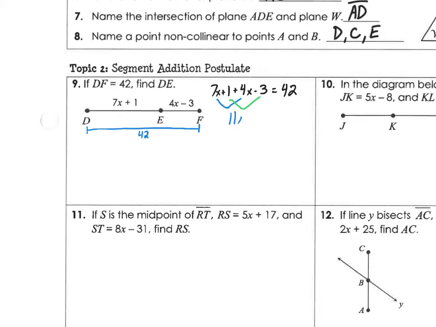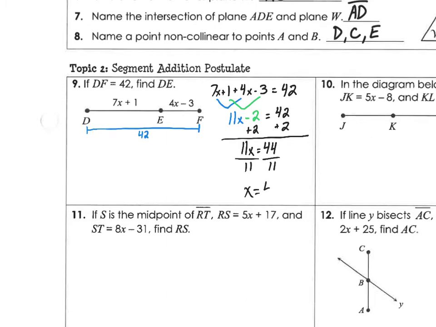So 11x and then negative 2. So we're going to add 2 to get the 11x by itself. That's good. 11x equals 44. Divide by 11.